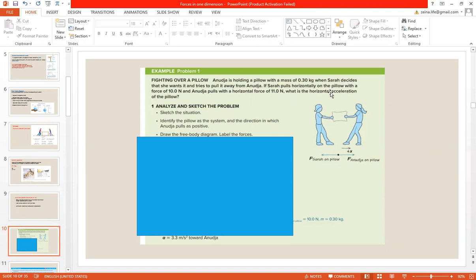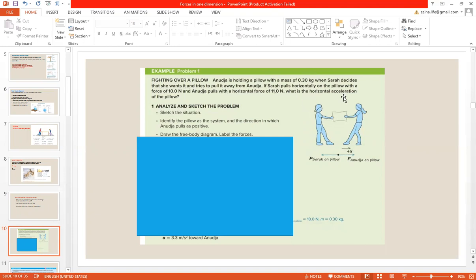Sarah pulls horizontally along the x-axis on the pillow with a force of 10 Newton. The magnitude of the force Sarah exerts is 10 Newton, and Anuja pulls with a horizontal force of 11 Newton.